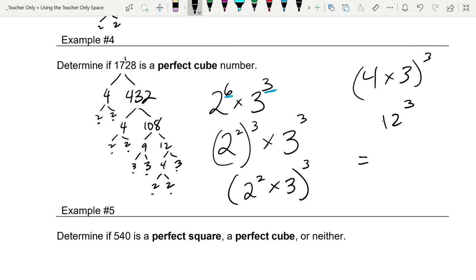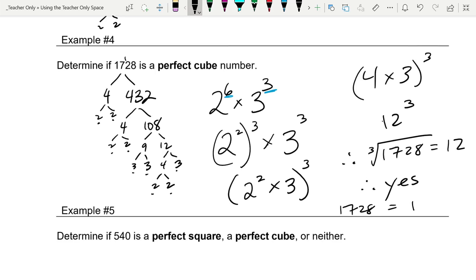Therefore, the cube root of 1728 is 12. Therefore, yes, 1728 is equal to 12 cubed. So it is a perfect cube. What would have happened in this question if it wasn't a perfect cube? Well, then I wouldn't have gotten exponents that are multiples of 3 when I did this.